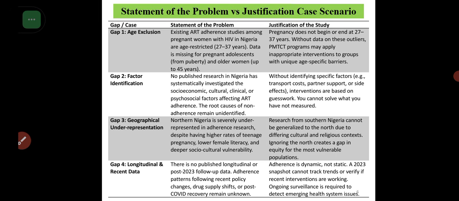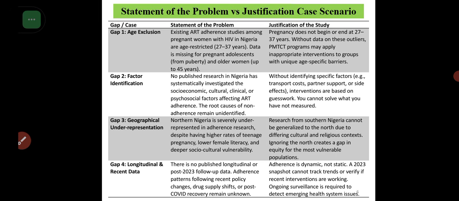So the second one we identified here was factors affecting adherence. Let's see how the statement of the problem will look. No published research in Nigeria has systematically investigated the socioeconomic, cultural, clinical, or psychosocial factors affecting ART adherence.